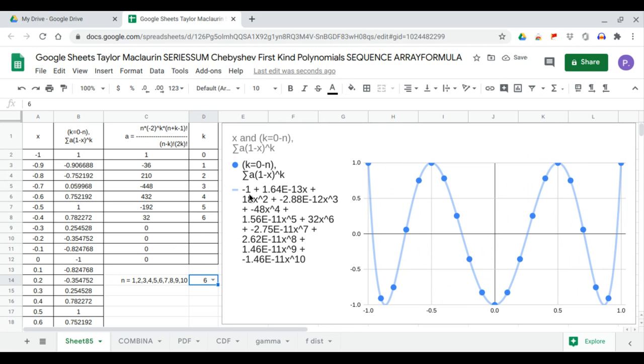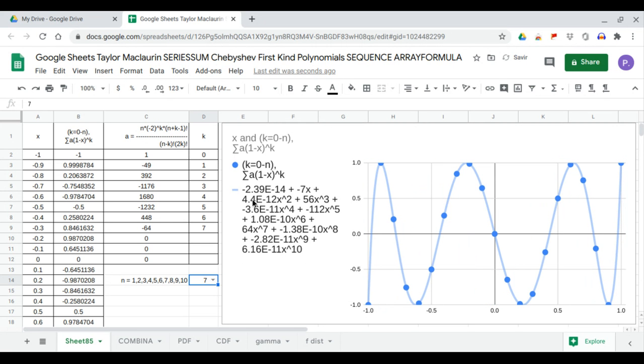At n equals 6, y equals negative 1 plus 18x squared minus 48x to the 4th plus 32x to the 6th. That's it. At n equals 7, y equals minus 7x plus 56x cubed minus 112x to the 5th plus 64x to the 7th.